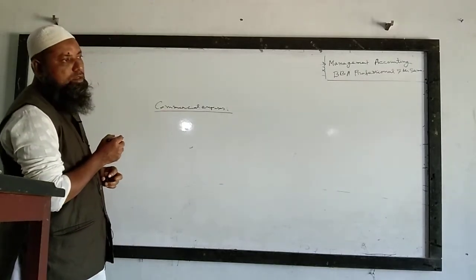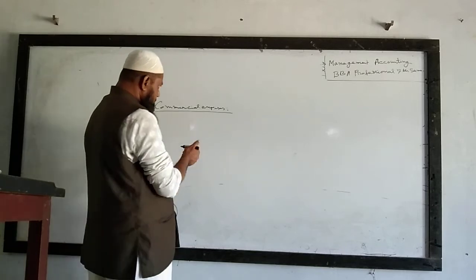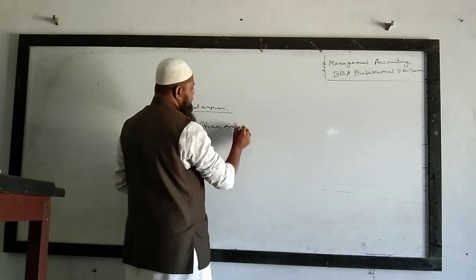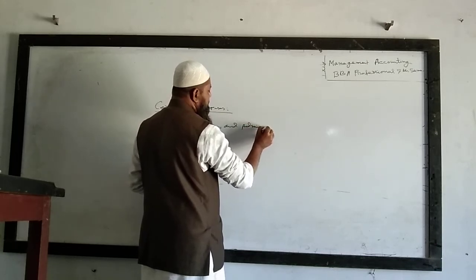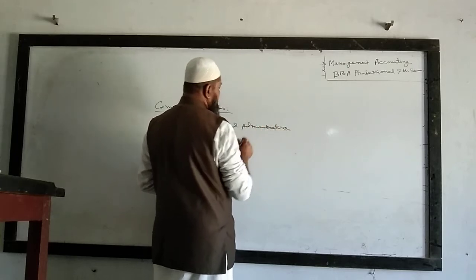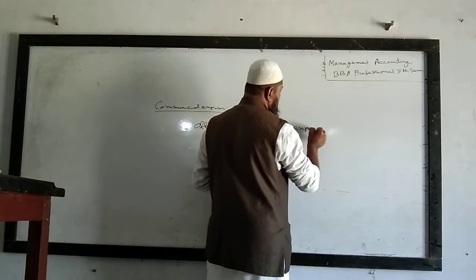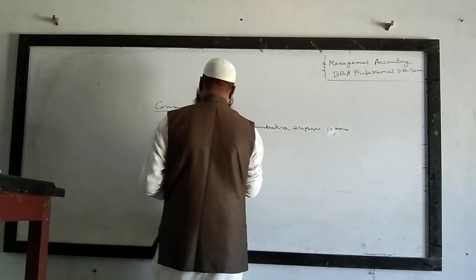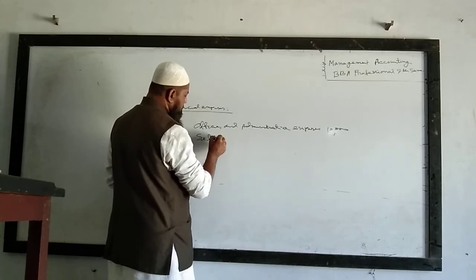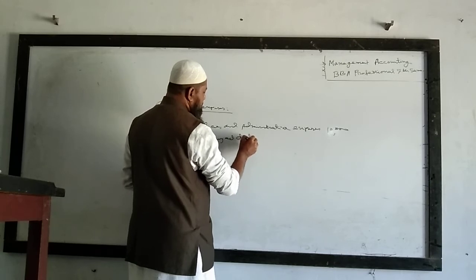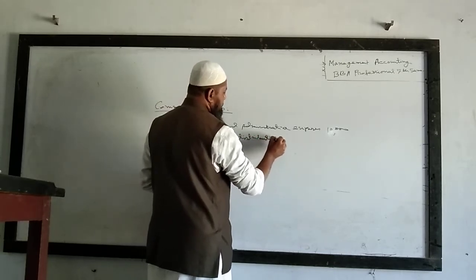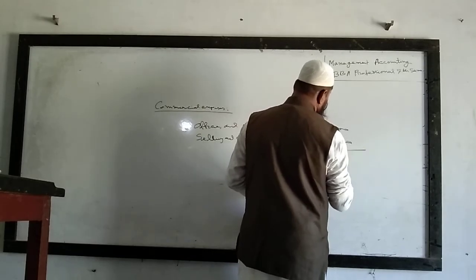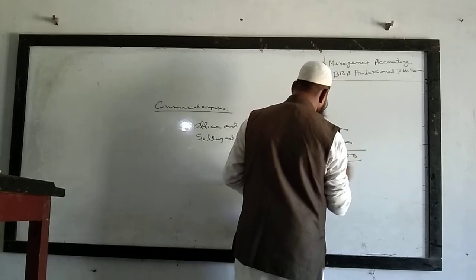Commercial expense included two types of expenses, office and administrative expense, say for example, 10,000, and selling and distribution expense 5,000. 15,000, that is the commercial expenses.